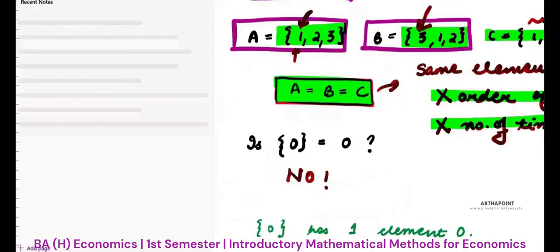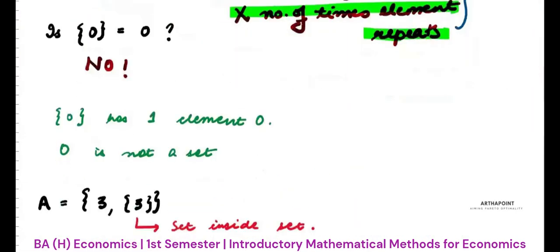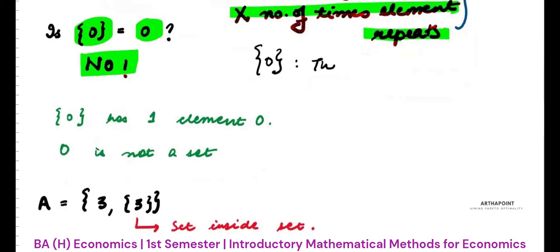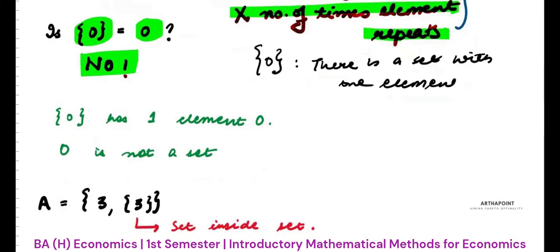Now let's take another example. Is {0} equal to 0? The answer is no. Please understand why. When I write {0} like this, I am saying that there is a set with 1 element in it, and the value of that element is 0.